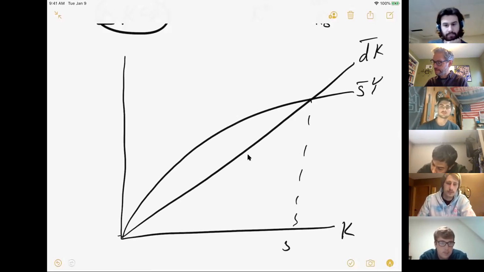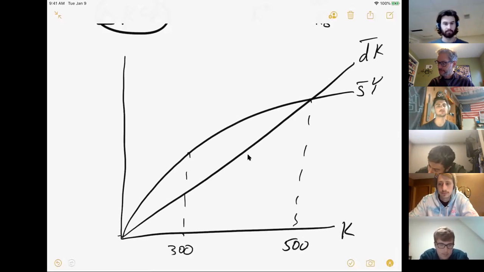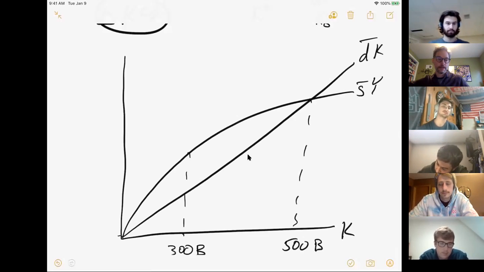The steady state is 500 billion, and this country is way below its steady state. It's down here at 300 billion. What happens if this country is given 100 billion in capital?